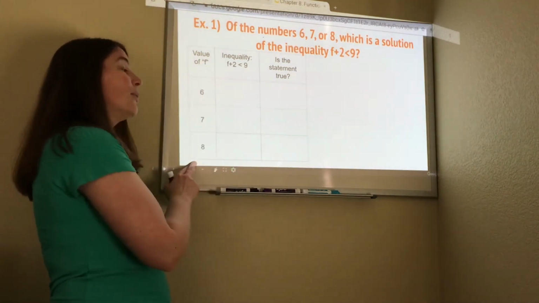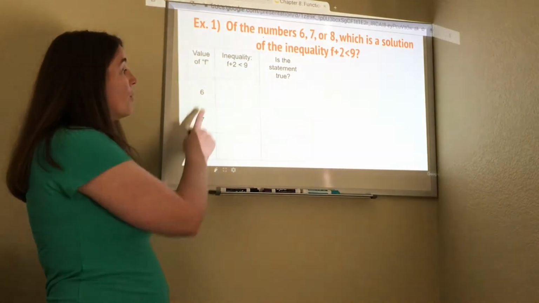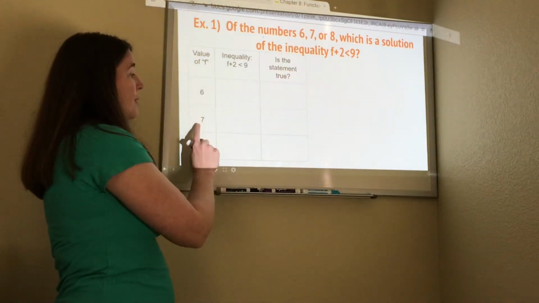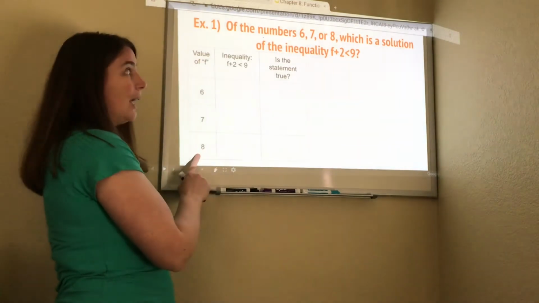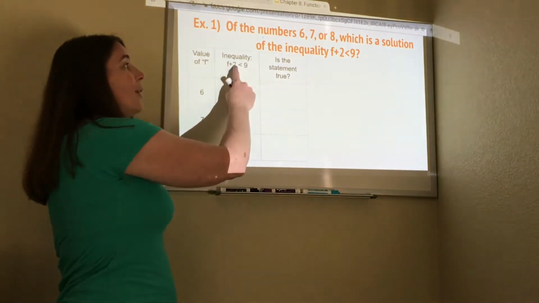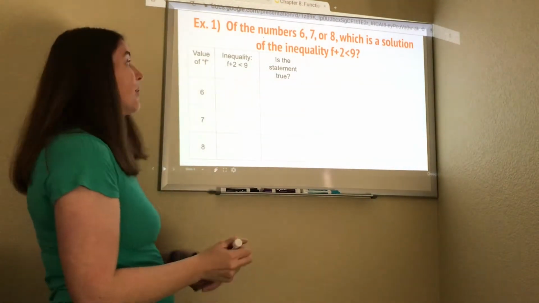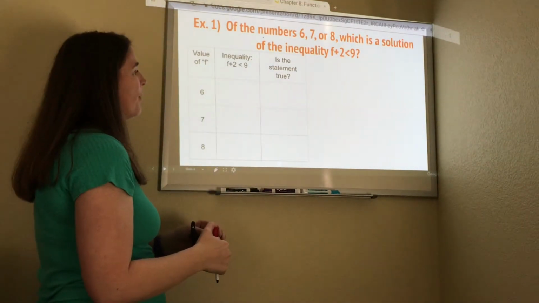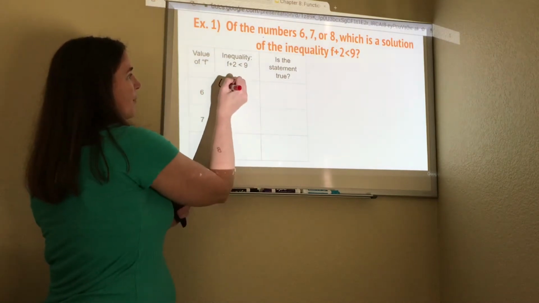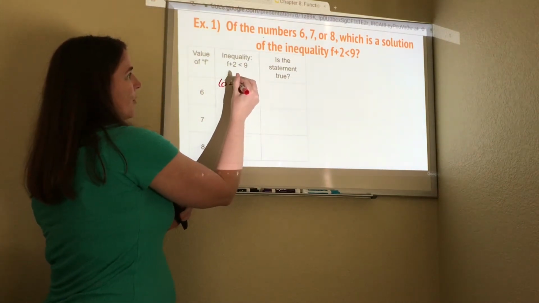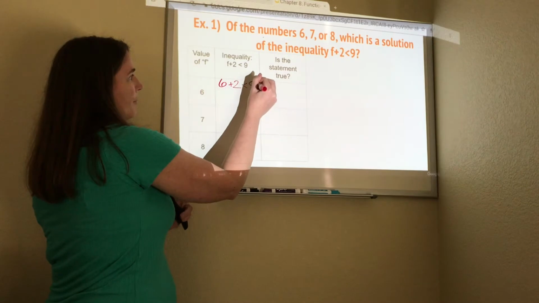This is the value of f that we're trying to find: 6, 7, and then 8. Here's the inequality. Now we're going to substitute in the 6 for the f. So instead of f, I'm going to write 6 plus 2 is less than or equal to 9.